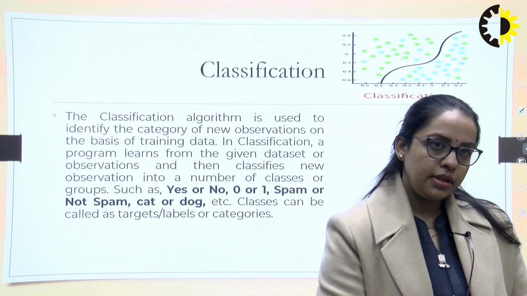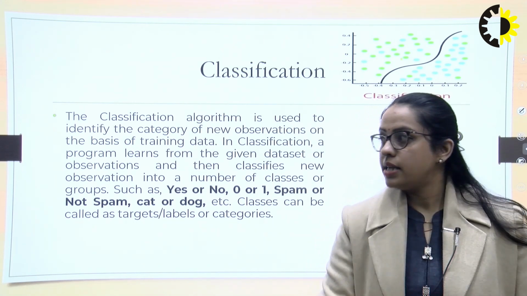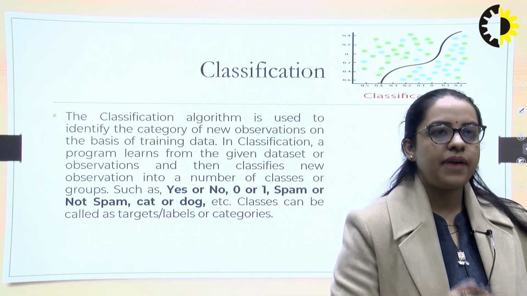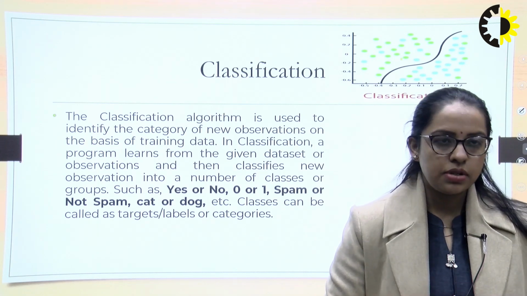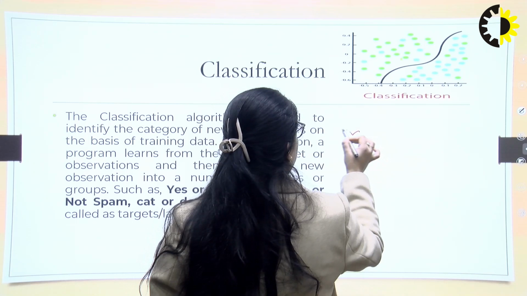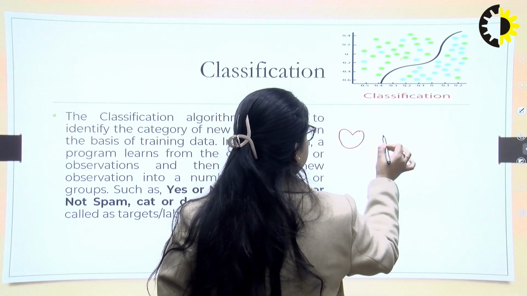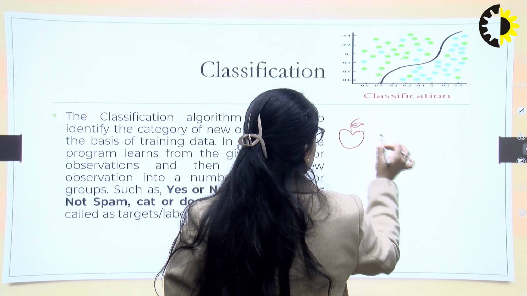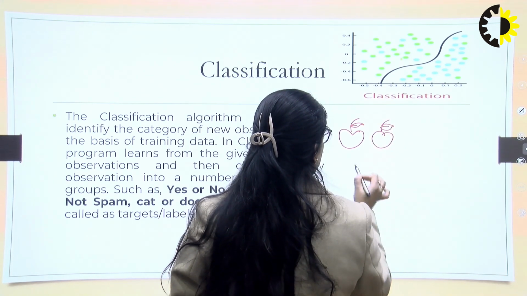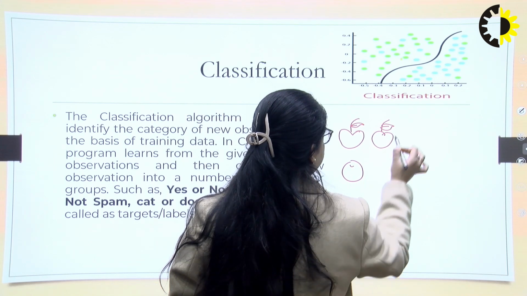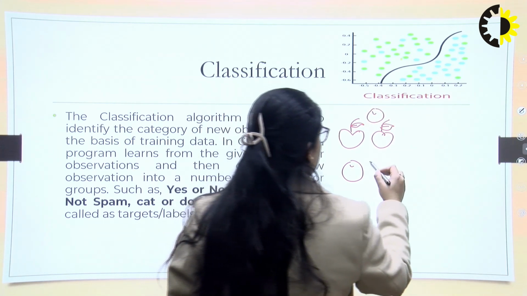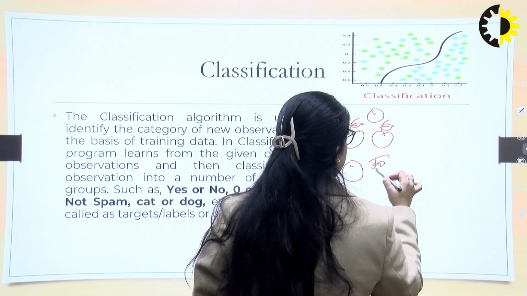For example, you are given as input a set of fruits. You have 5 images of different fruits with you. Suppose the first is apple, next is orange, and the third fruit is grapes.